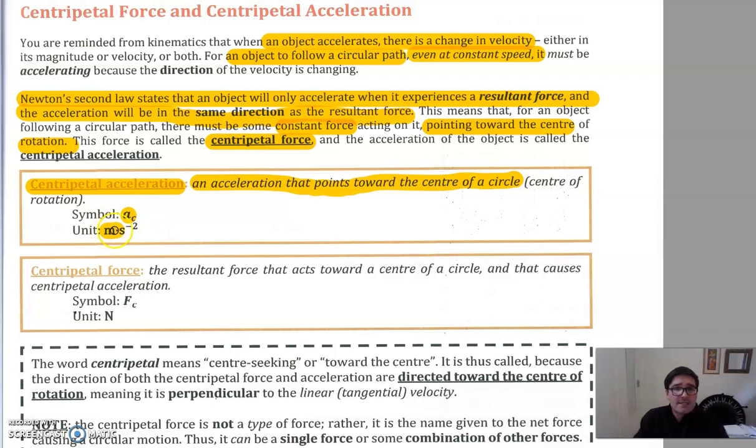Our unit for acceleration is the same as previously, meters per second squared. And then centripetal force is defined as the resultant force that acts toward the center of a circle and that causes centripetal acceleration. The symbol we will be using is F_c, and as always, force is measured in the special unit of newtons.